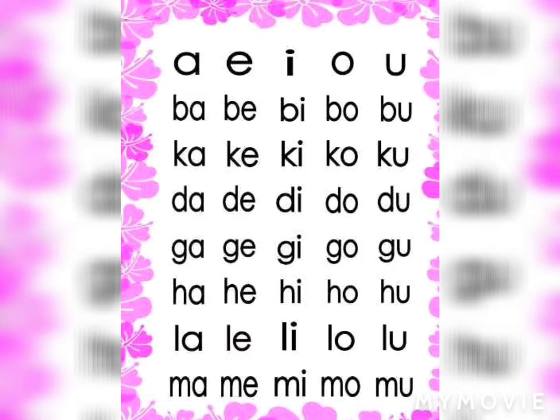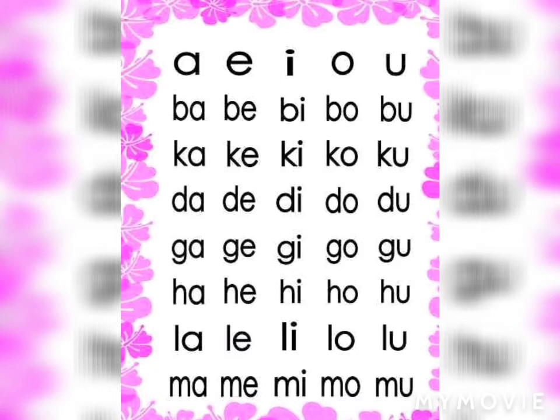Ka, ke, ki, ko, ku. Da, de, di, do, du. Ga, ge, gi, go, gu. Ha, he, hi, ho, hu. La, le, li, lo, lu. Ma, me, mi, mo, mu.